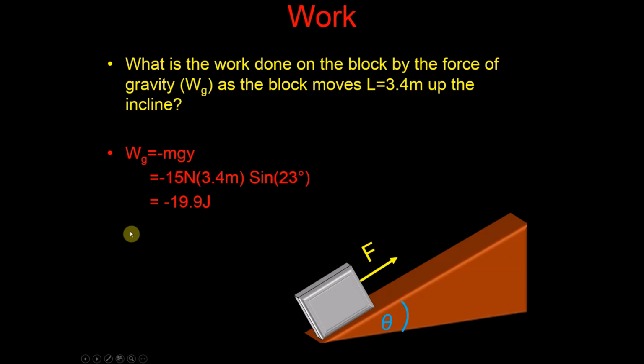So the key point here is we can only use the y component of the block's motion. And like I say, a common problem here is people saying 3.4 times mg, or 15 newtons. That is not the case.